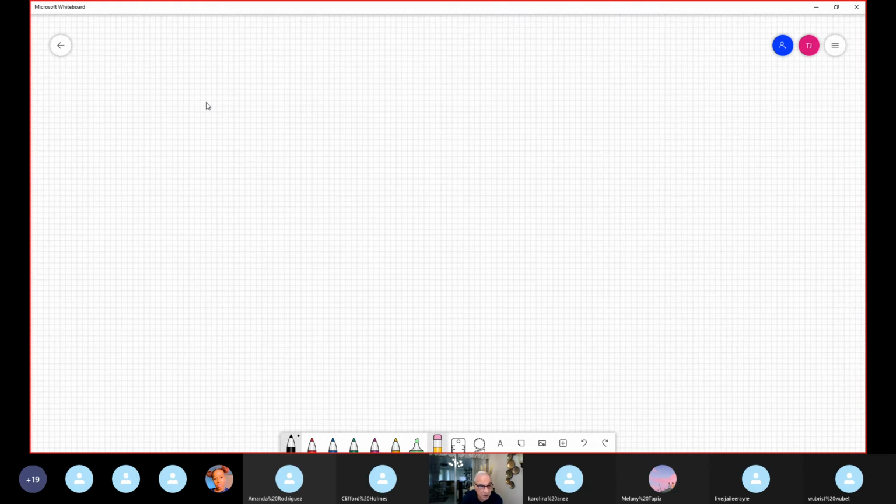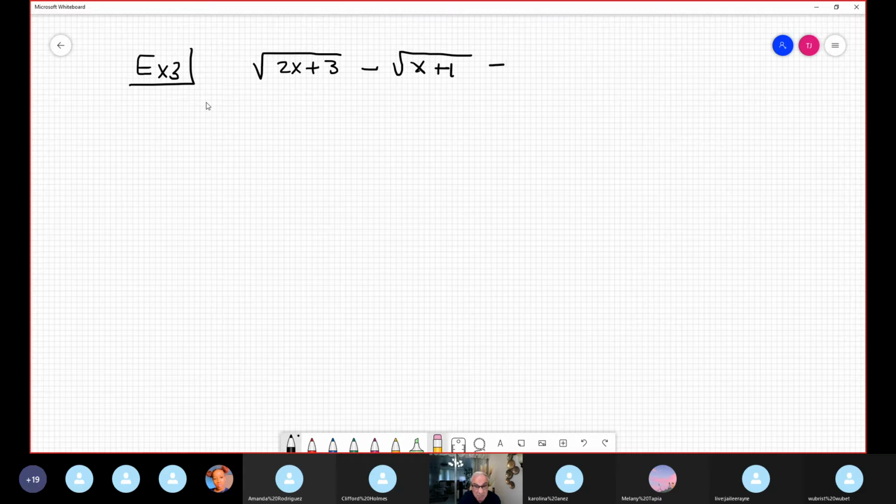Okay, now example 3 is a little bit more complicated and long. The reason is because we have two radicals. The typical mistake students make is to believe that with one radical minus another radical, you can square both.